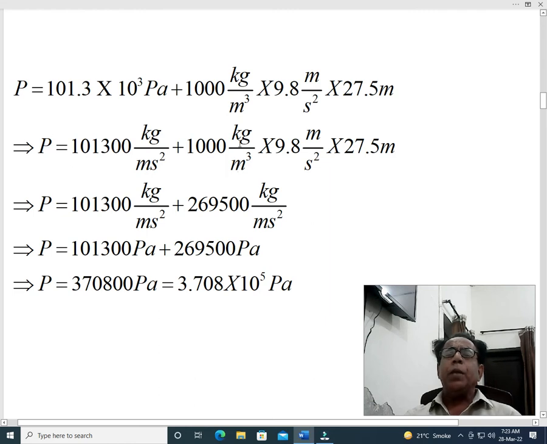So kilogram per meter second square. Here again, Pascal is also equal to kilogram meter per second square meter second square.